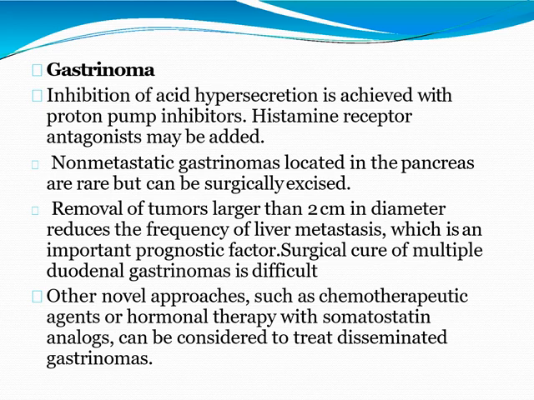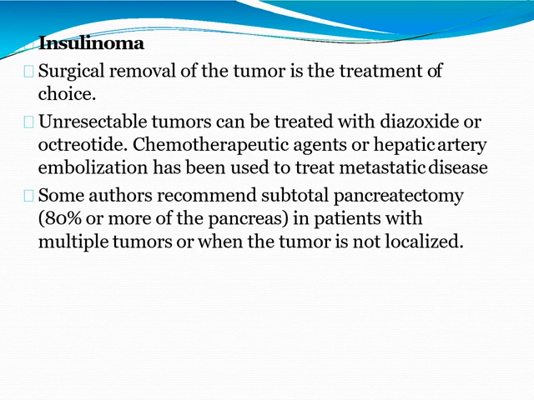Surgical cure of multiple duodenal gastrinomas is difficult. Other novel approaches, such as chemotherapeutic agents or hormonal therapy with somatostatin analogs, can be considered to treat disseminated gastrinomas. For insulinoma, surgical removal of the tumor is the treatment of choice.